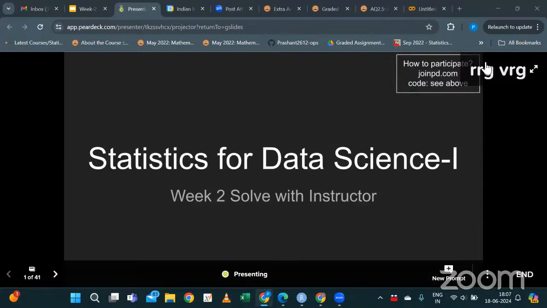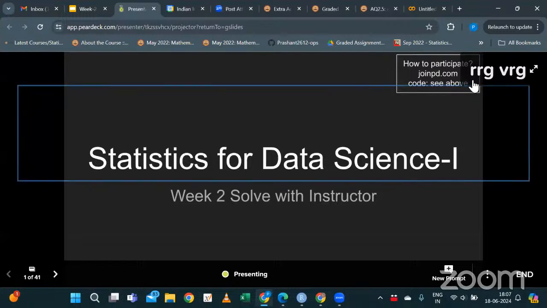You simply open your browser and write joinpd.com. Can you see my cursor? After that, you have to enter this code. You can see the code at the top right corner. It's RRGVRG.